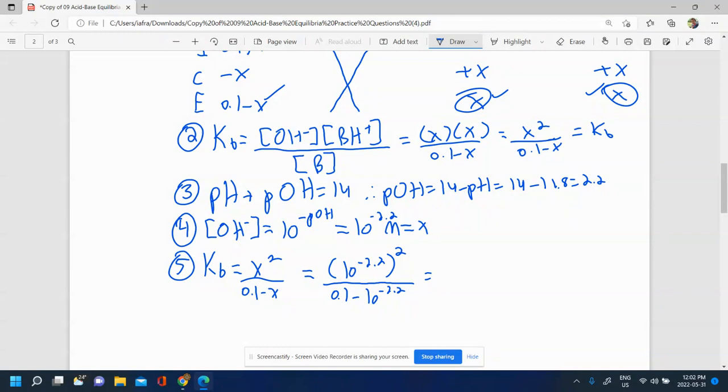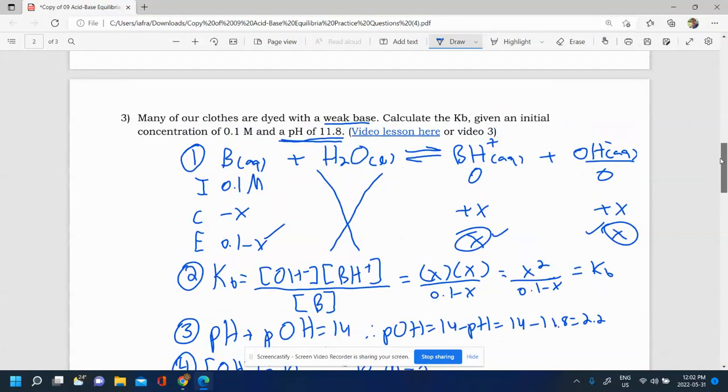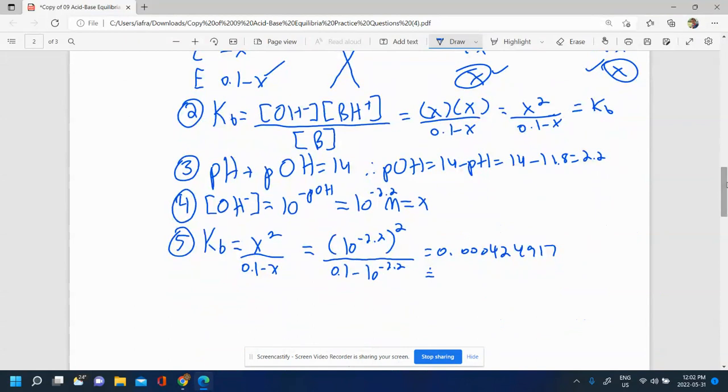And we'll get 10 to the negative 2.2. Oops, don't forget to square it, divided by 0.1 minus 10 to the power of negative 2.2. And we get 0.000424917, or to 1 sig fig, because of the 0.1 there, 1 sig fig would be 0.0004.